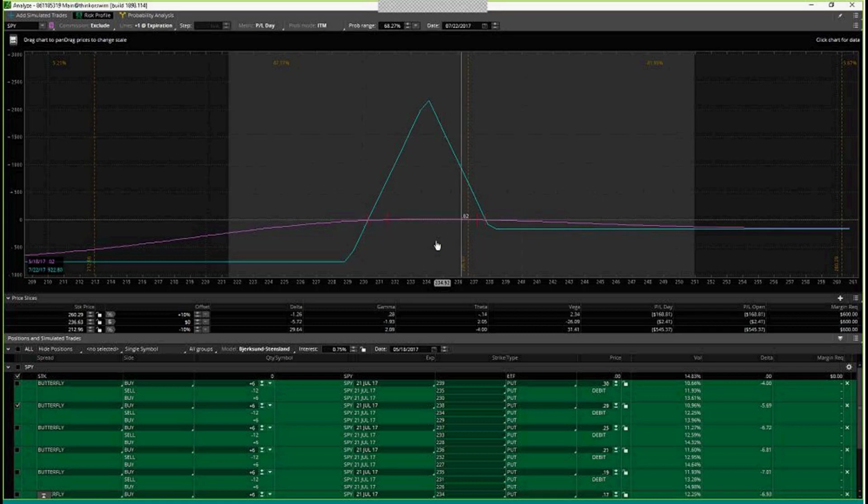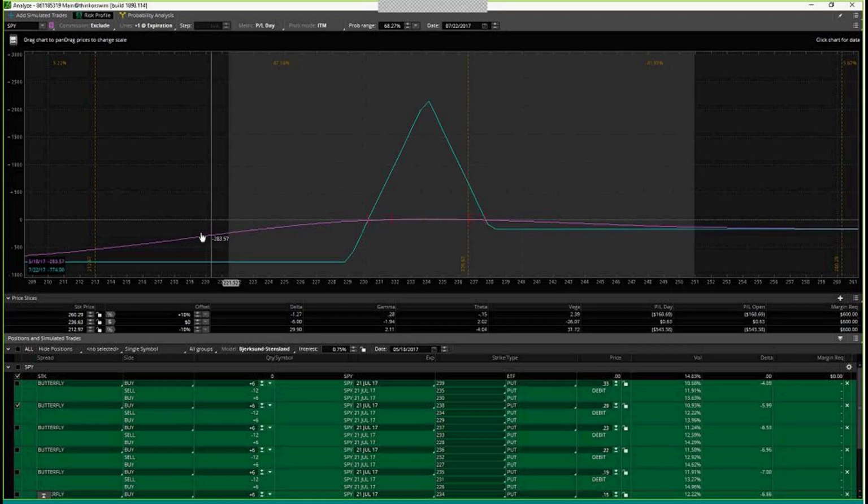What does that mean specifically? It means that if I am within the outer legs of my butterfly, the wing tips, and implied volatility goes down, then this portion of our graph will move higher.